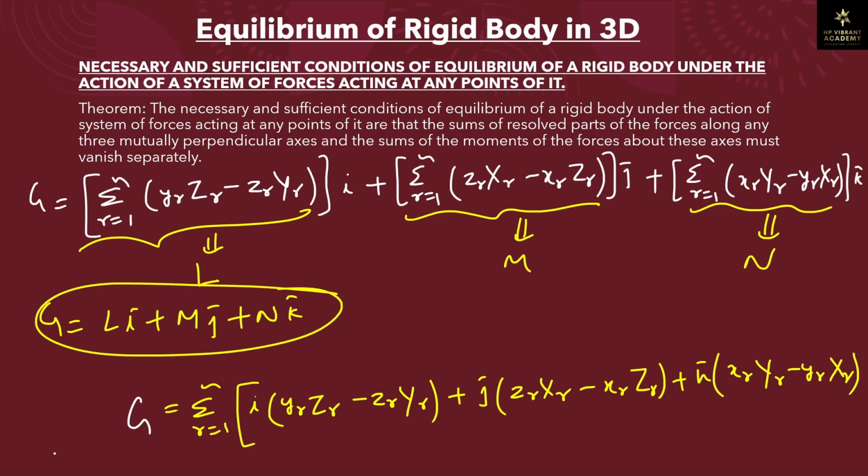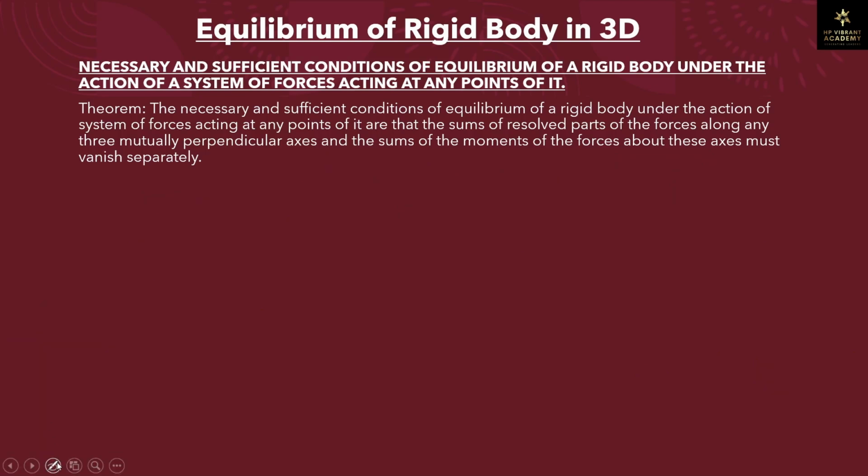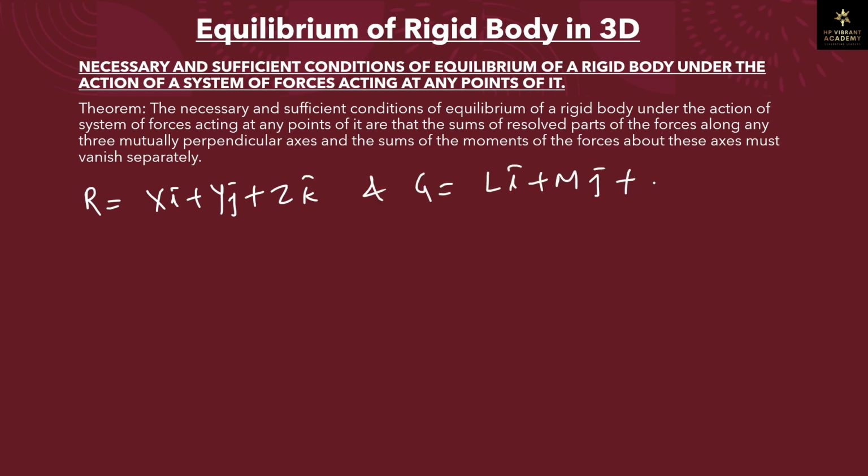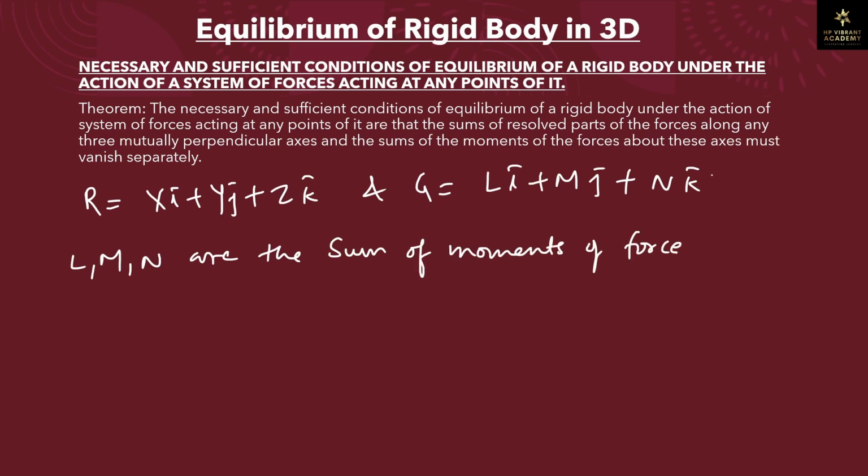Okay, so let us write down once again. We have the resultant R is equal to X I cap plus Y J cap plus Z K cap, and G is equal to L I cap plus M J cap plus N K cap. So L, M and N are the sums of moments of forces along the coordinate axes.